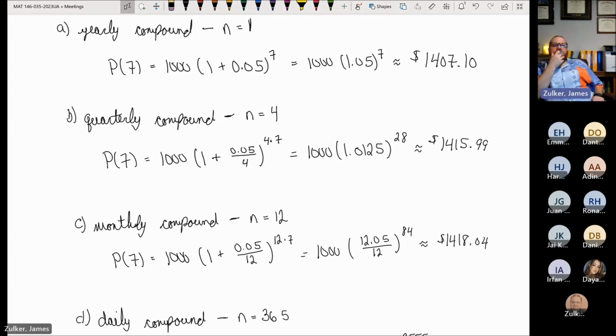What if it compounded quarterly? How much total interest was gained? Does that make sense? Why?